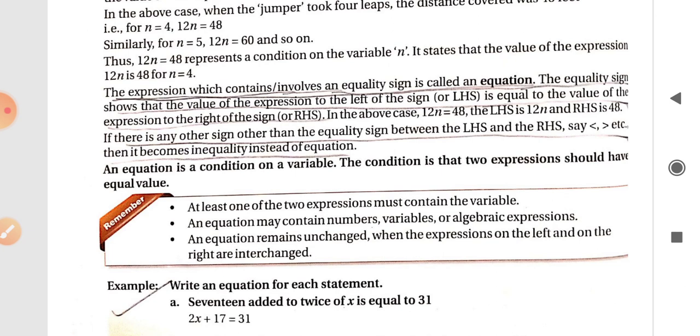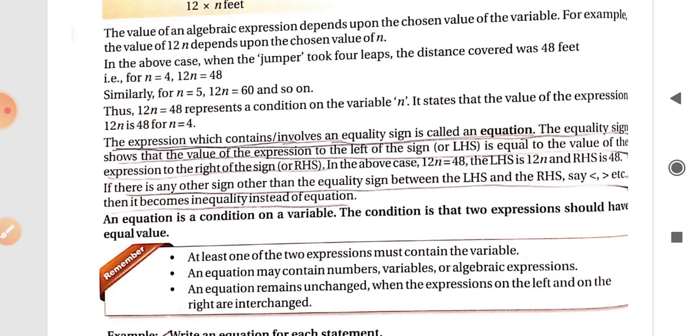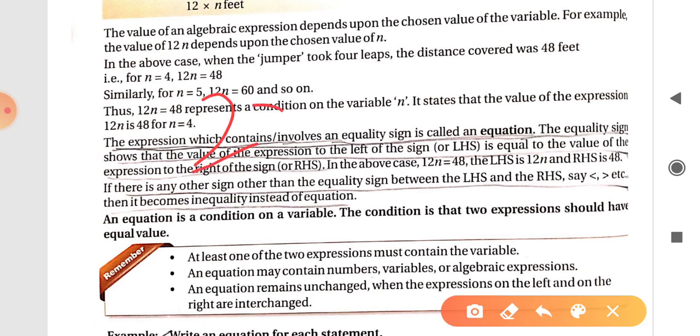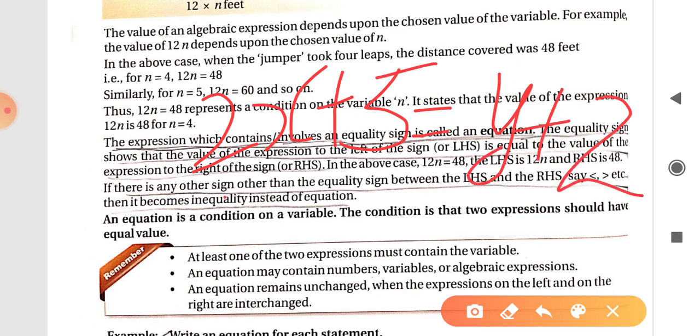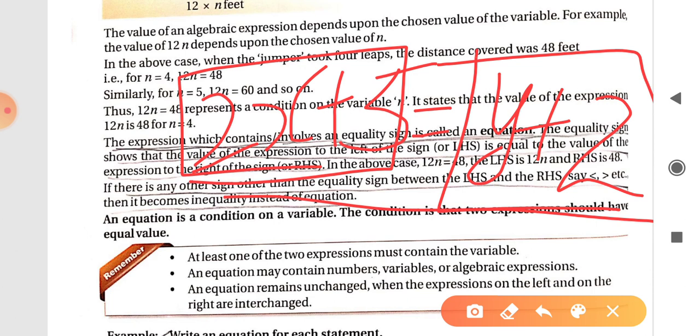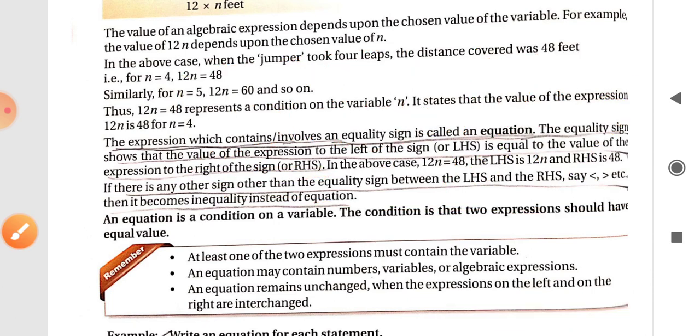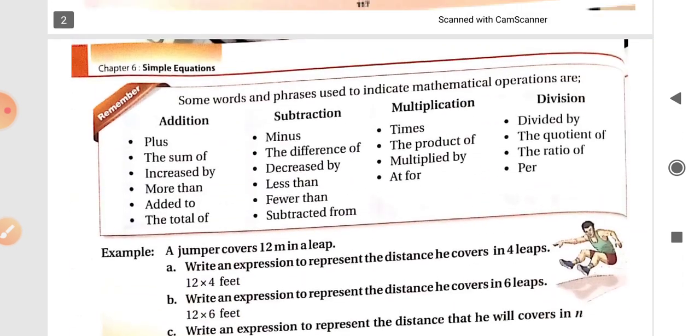I can also write 2x plus 5 is equal to y plus 2. This is also an equation, because the left hand side is an algebraic expression and the right hand side is also an algebraic expression, and when two algebraic expressions are equal, then it is an equation. So this forms an equation.